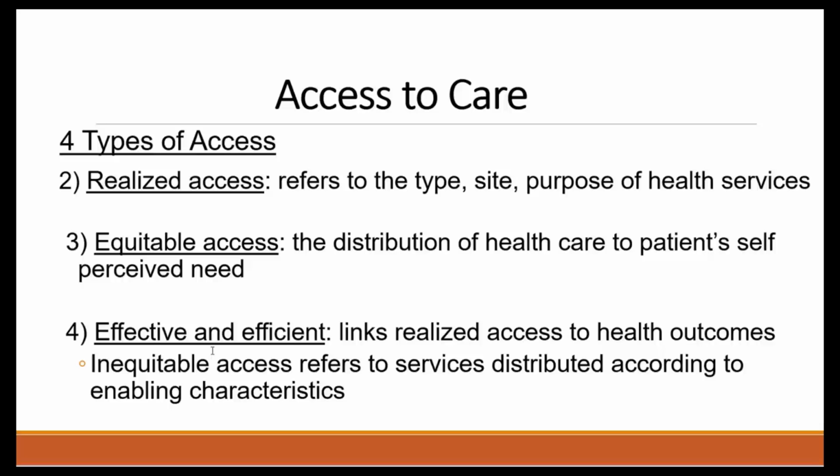Now, the purpose of utilization refers to the reason medical care was sought out, whether it be primary prevention, diagnosis and treatment, or rehabilitation due to some type of illness. Next, equitable access refers to the distribution of healthcare services according to the patient's self-perceived need or evaluated need as determined by a health professional.